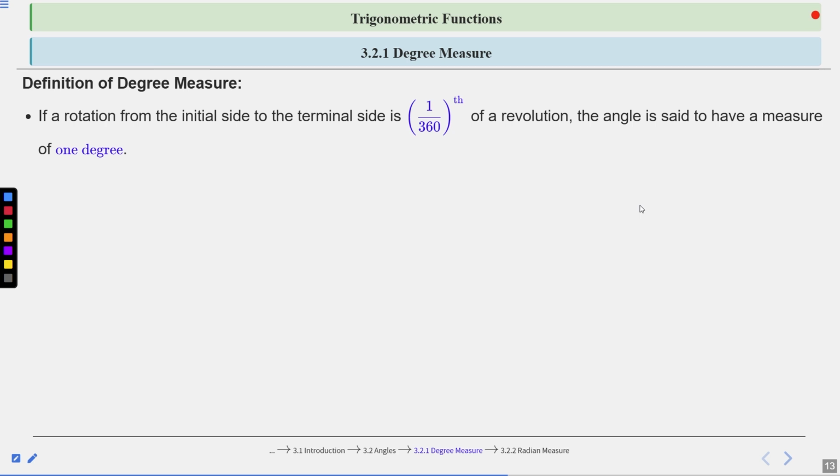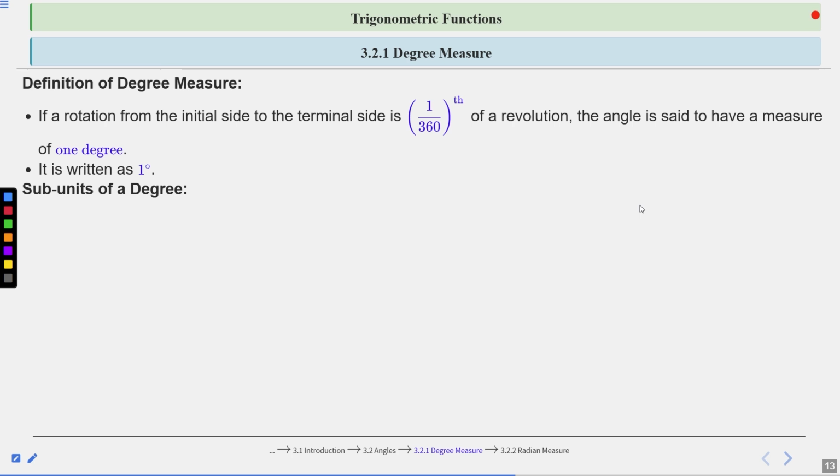So by definition, 1 degree is nothing but a part of a revolution. And what part? 1 by 360th part. This much of a revolution is what you name 1 degree. Clear? It is written as 1 degree.